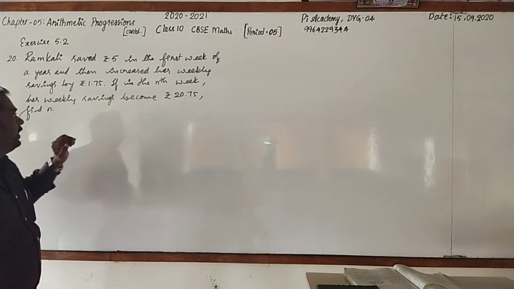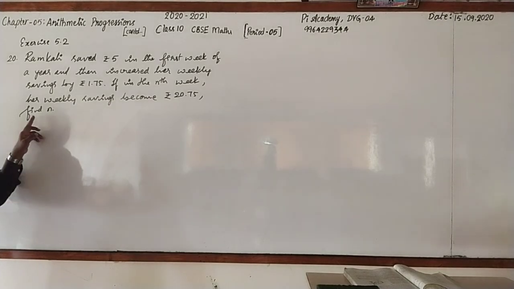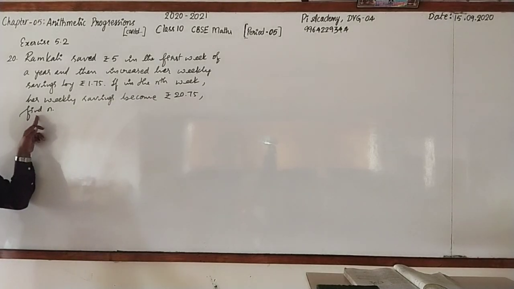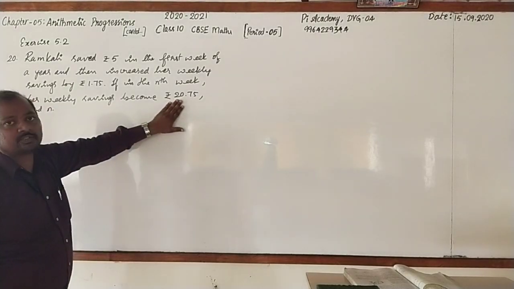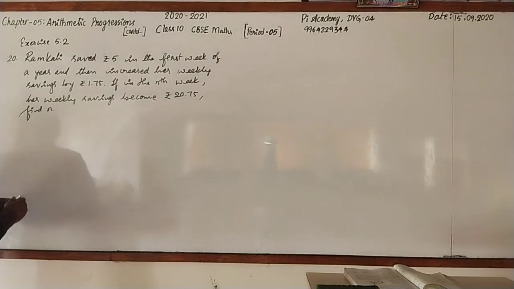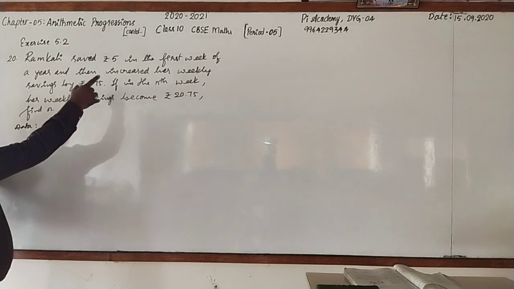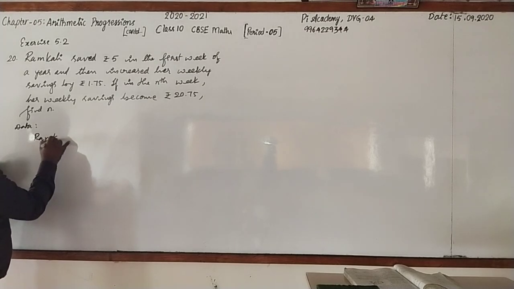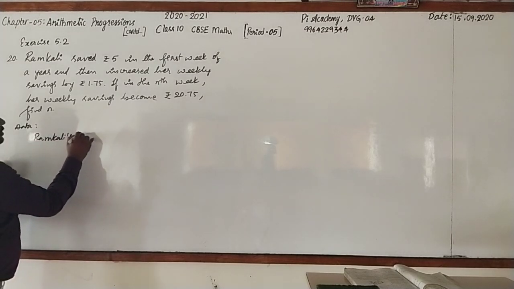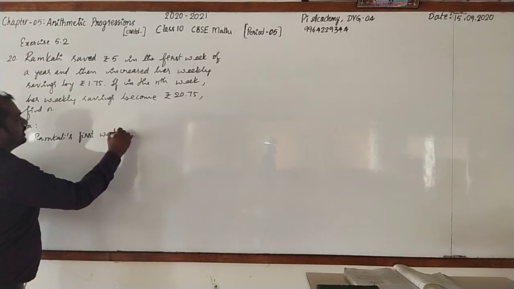If in the nth week her weekly savings become ₹20.75, then find out the number of weeks she took to save this much. Followed? Here, let us write the data. Ramkali's first weekly saving.